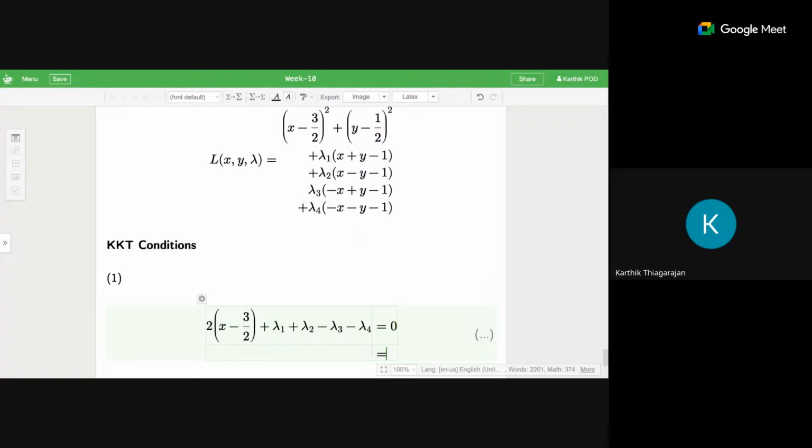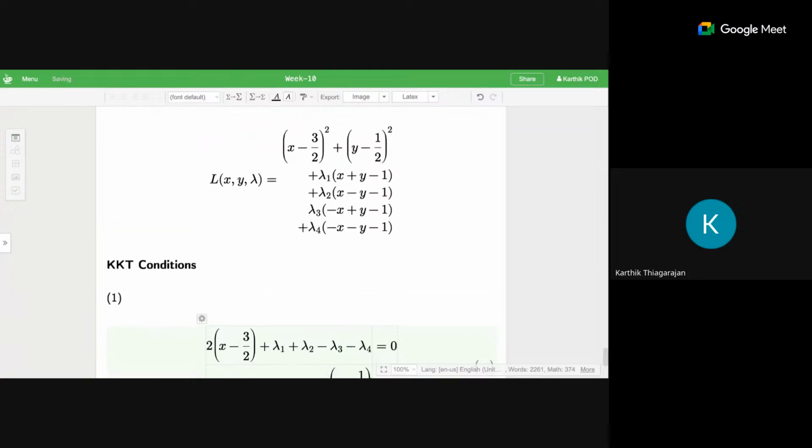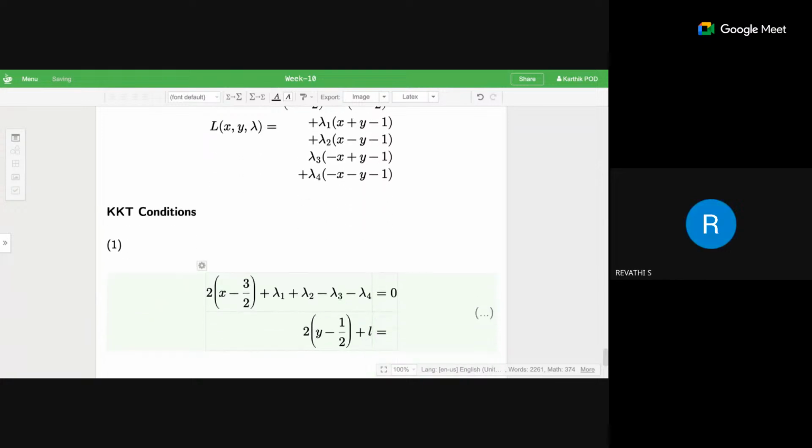What about the next one? 2 into y minus half, plus lambda 1 minus lambda 2, plus lambda 3 minus lambda 4, equal to 0. So that is one condition.